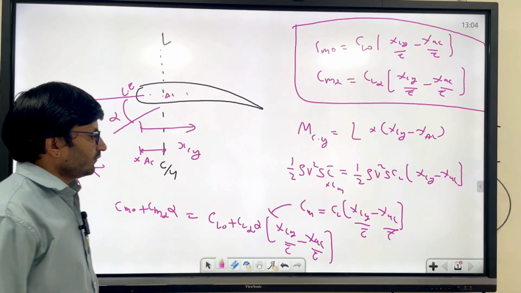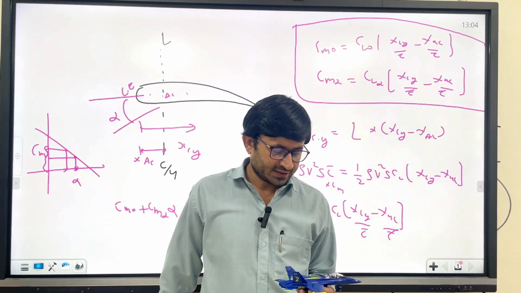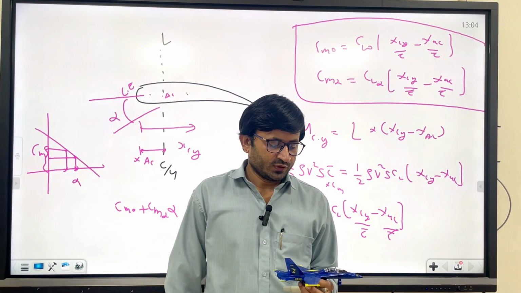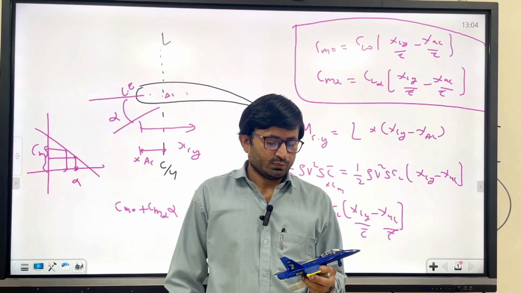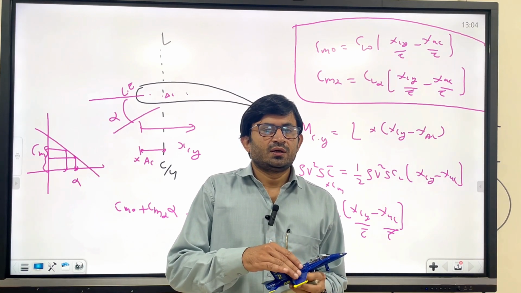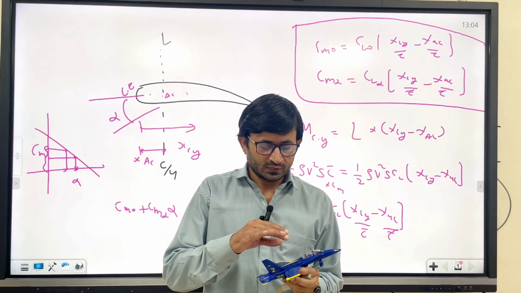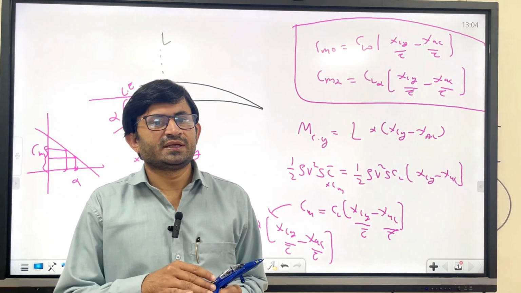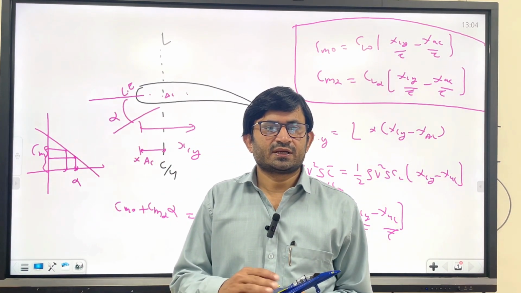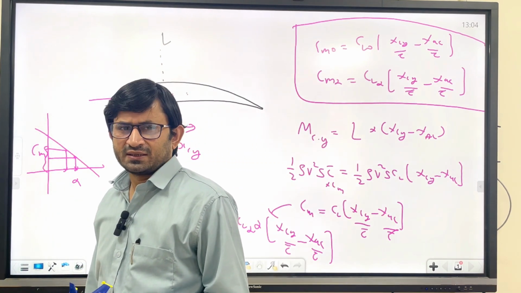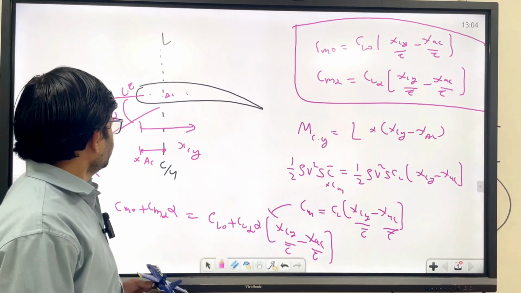For a high wing case, when you increase the angle of attack, there will be more exposed area of the wing. That means there will be an increase in drag, which will try to further pitch up the aircraft. That comment you can actually make.